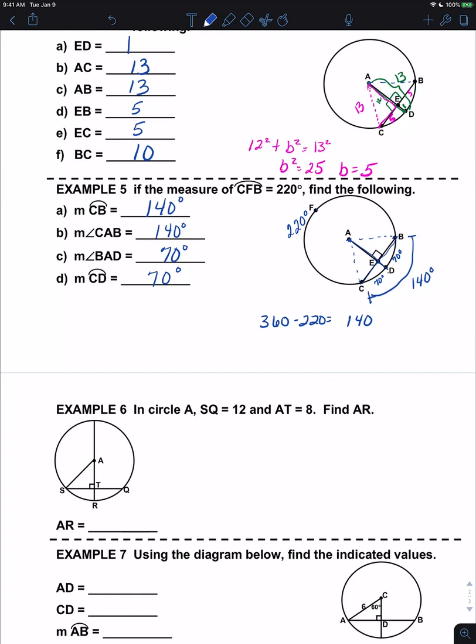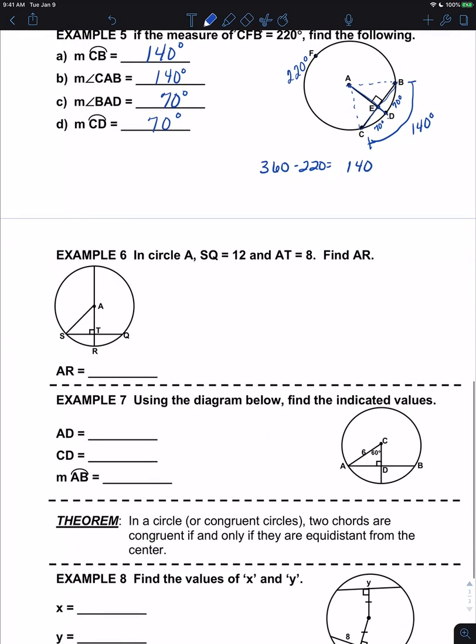Okay, so let's look at another example. Let's just start working on figuring out our puzzle here. In circle A, S to Q is 12. So we know from S to Q here is 12. This is a perpendicular bisector, so we know this has to be 6 and this has to be 6, making the whole length 12, because that means that they're the same, right? 6 and 6.